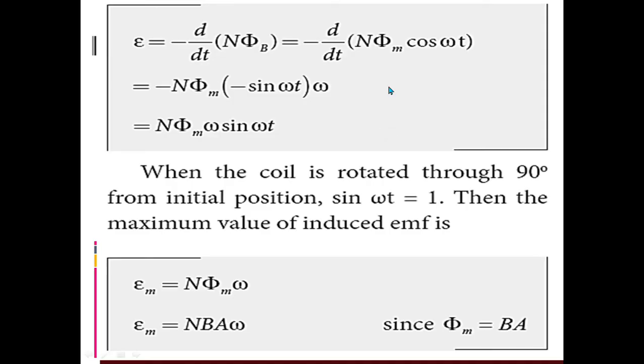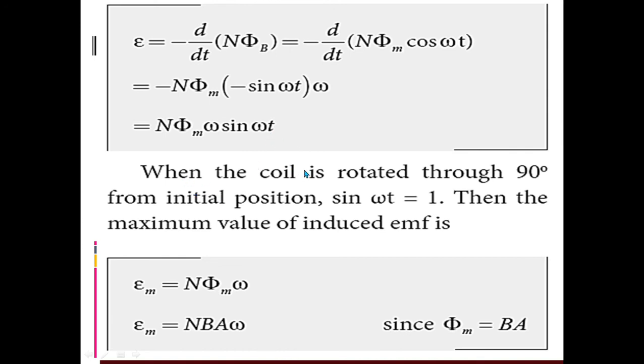Just substituting and differentiating this term, N is the constant, so remove the constant. d(φ_m cos ωt)/dt is minus sin ωt, and differentiating ωt gives ω. So −N φ_m (−sin ωt) ω, minus into minus is plus, so the equation can be written as N φ_m ω sin ωt.